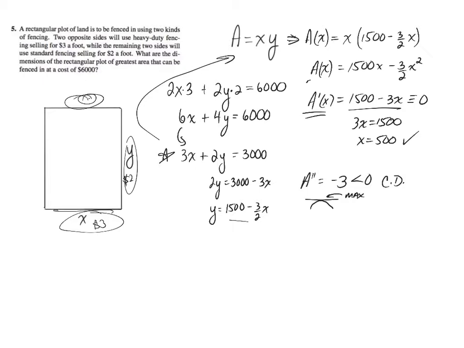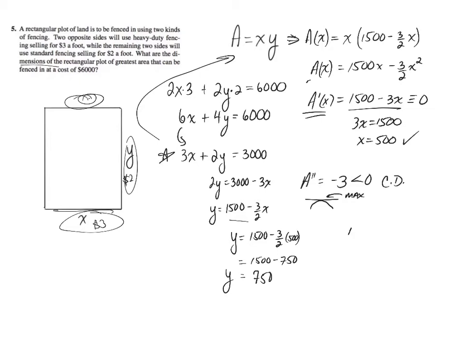And I guess it says find the dimensions, so we should probably go and find what y is. So y is simply 1,500 minus 3/2 of 500. 500 over 2 is 250, and 3 times 250 is 750, and 1,500 minus 750 is 750.